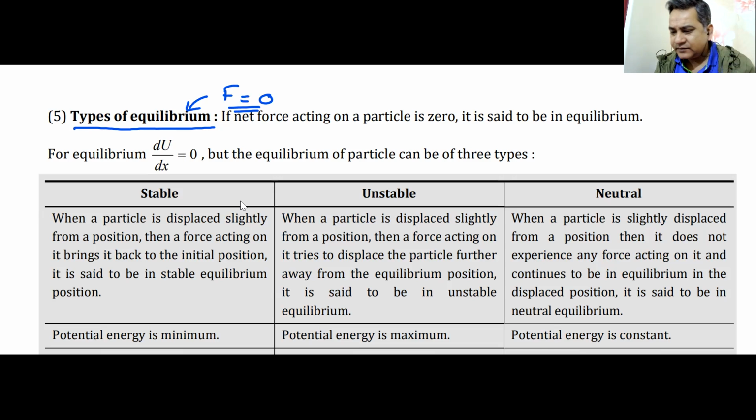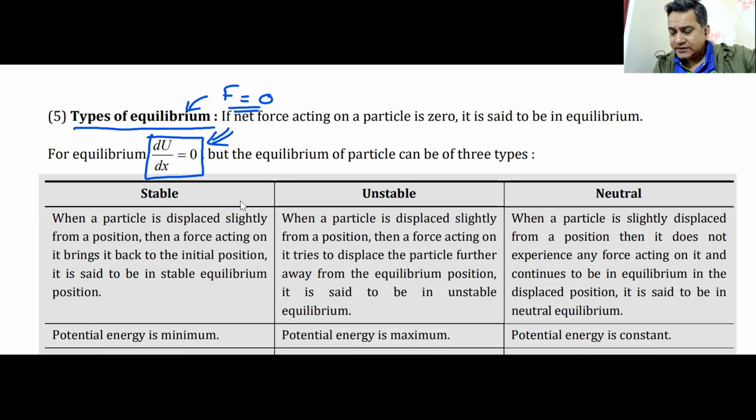Newton's first law then comes into the picture. The particle will continue its state of rest or state of uniform motion if the force is zero. Now force is zero implies we are talking about conservative force here. Force is the negative gradient of energy. We are not talking about friction. Friction does not have a field.